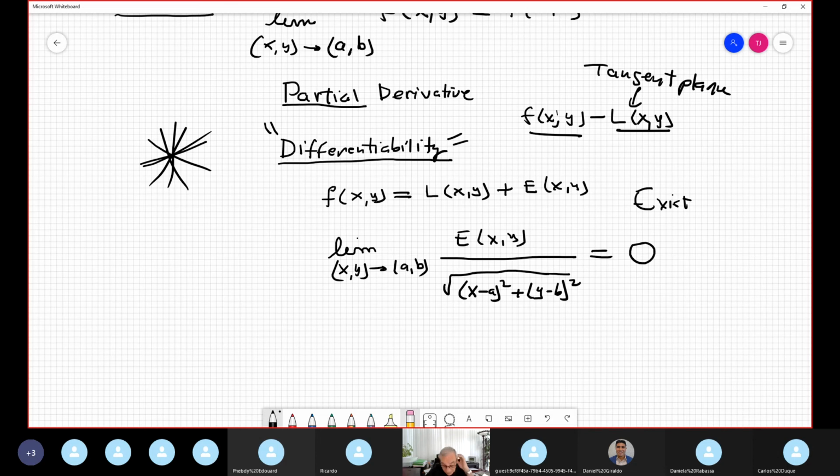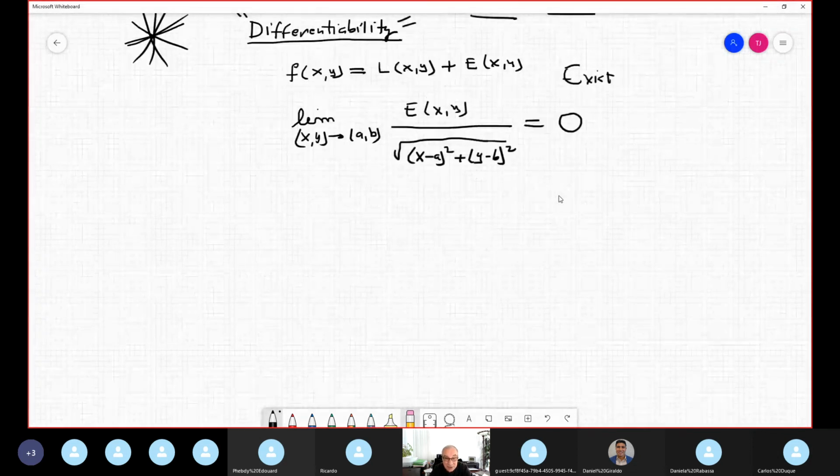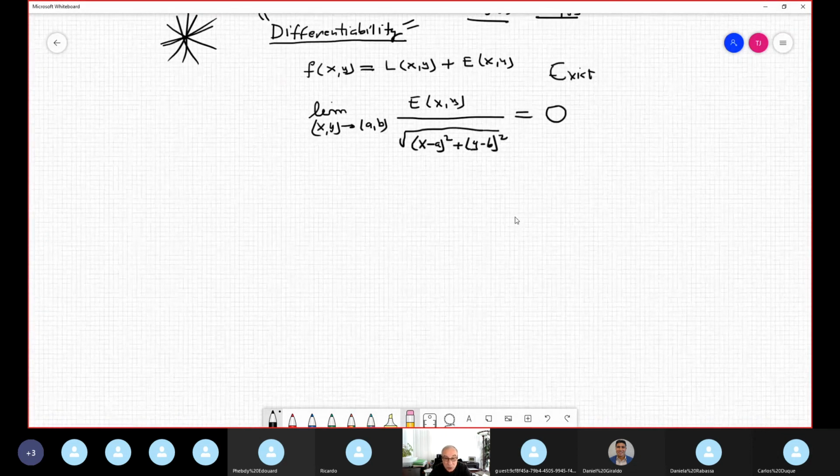This is very, very complicated doing algebraically. You know, guys, the limit is crazy. The limit in multivariable is crazy. But the thing I try to explain is that if, for example, the partial derivative exists, this is not enough of a condition for the function to be differentiable.